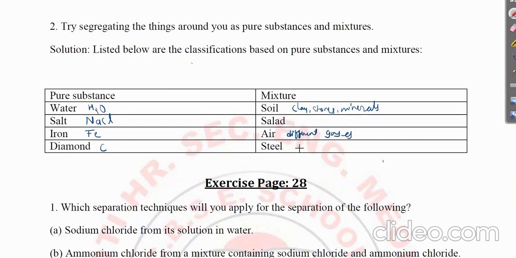Steel is also a mixture because iron is mixed with nickel, chromium and carbon to form steel. So it is also a type of mixture. They are known as alloys. When more than one metal is mixed together, they are termed alloys.